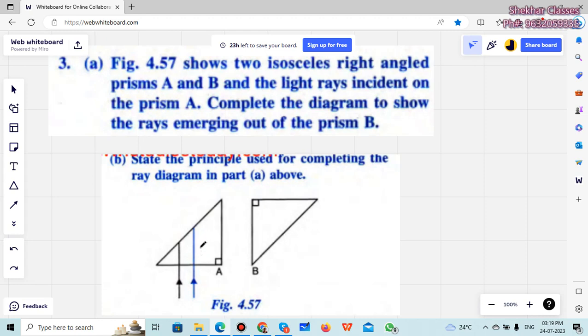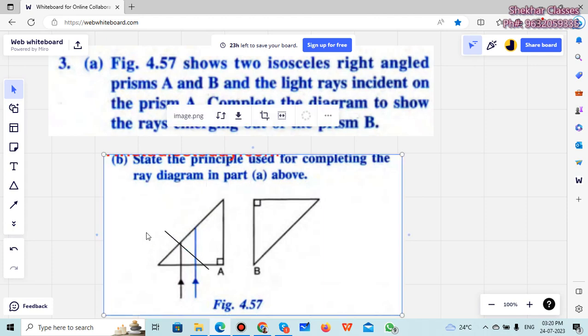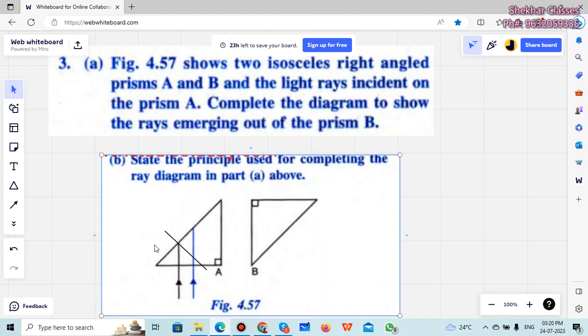Then what happens? Let's draw this one here. I have to draw a normal at this point. So what is the normal that we have? If I draw it here like this, this is the normal that we have drawn here.